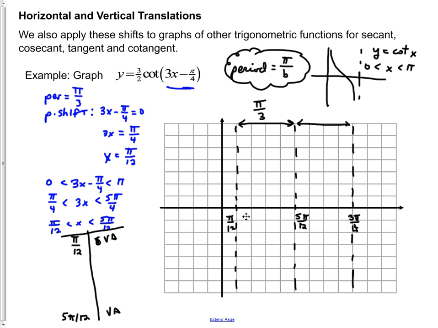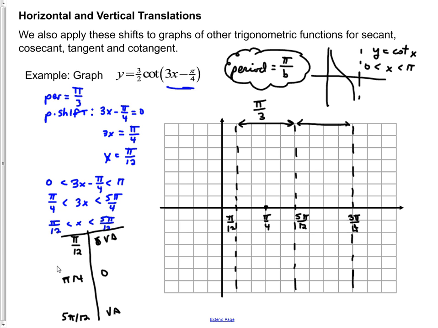We go by quarter points. So what's 1/4 of our period? Well, 1/4 of our period is pi over 12. Here's 2 pi over 12, 3 pi over 12. So pi over 4 is halfway through our period. At pi over 4, we're going to get 0.